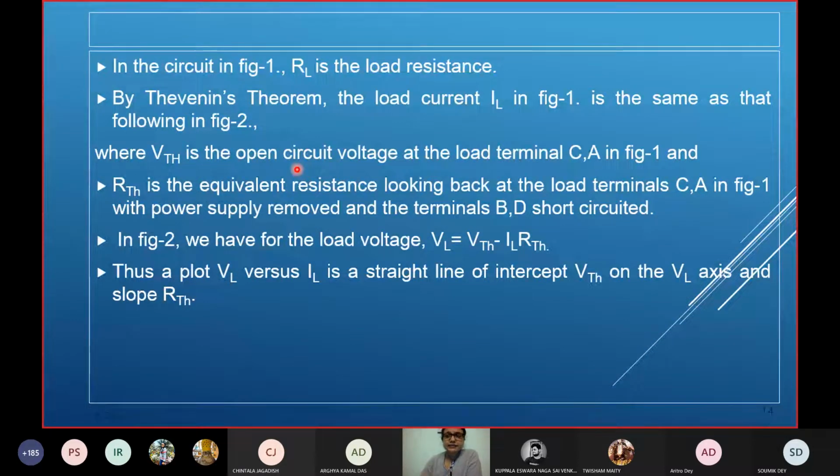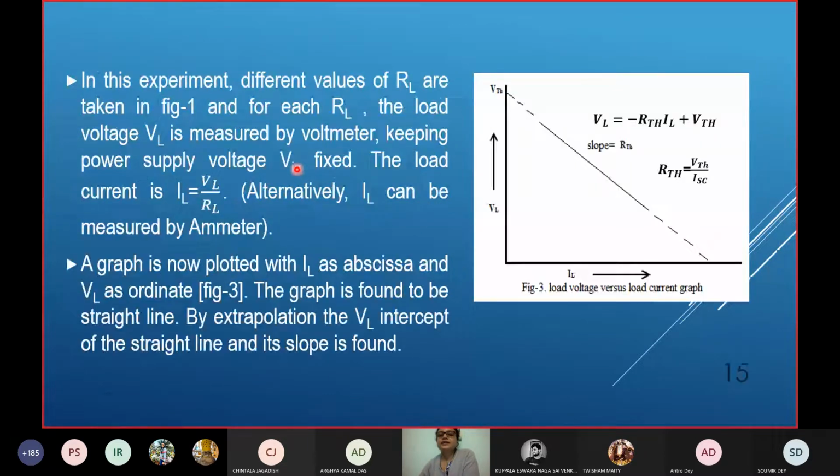Next, keeping RL connected in the circuit, we will vary RL and get some values of VL and IL. With these VL and IL values, we will plot a graph with VL as the ordinate and IL as the abscissa. We will take 4 or 5 data points and then extrapolate.